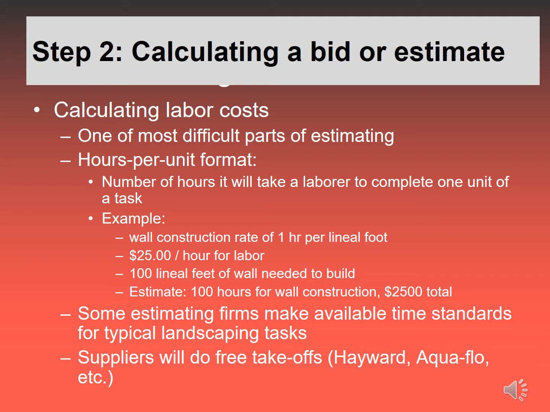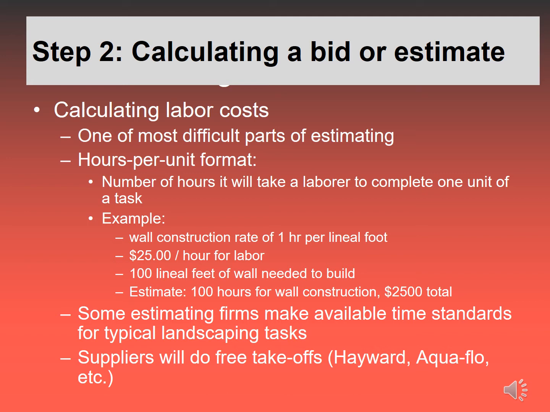Or how long it takes one worker to build one lineal foot of stone wall, or cinder block stucco wall, or dig a trench 8 to 12 inches deep, how long it takes to do 1 foot of that, using a trenching machine or by hand, or how long it takes one worker to lay 1 square foot of Oklahoma sandstone patio, or prefab unit patio pavers, things like that.